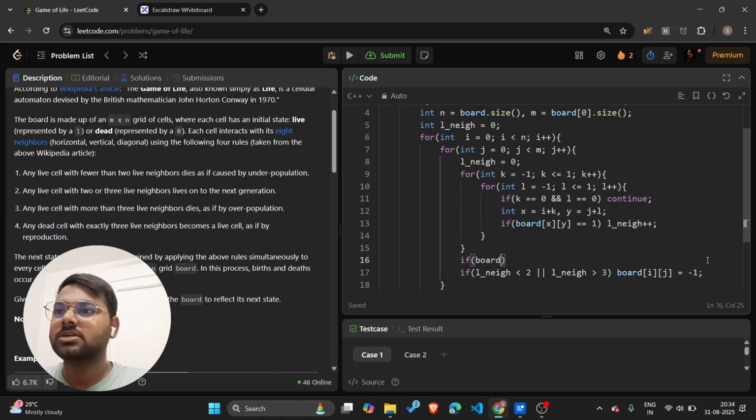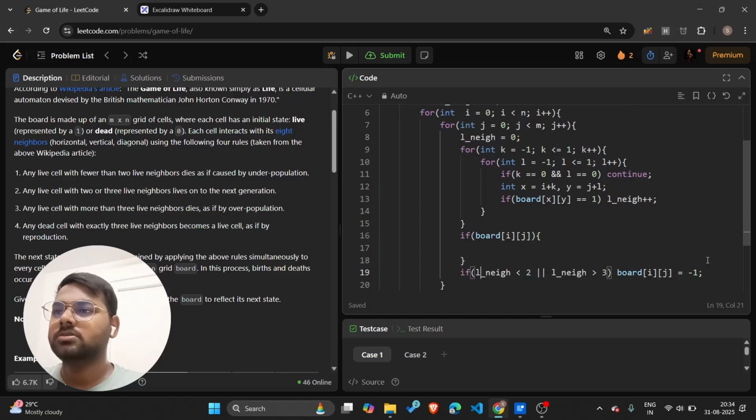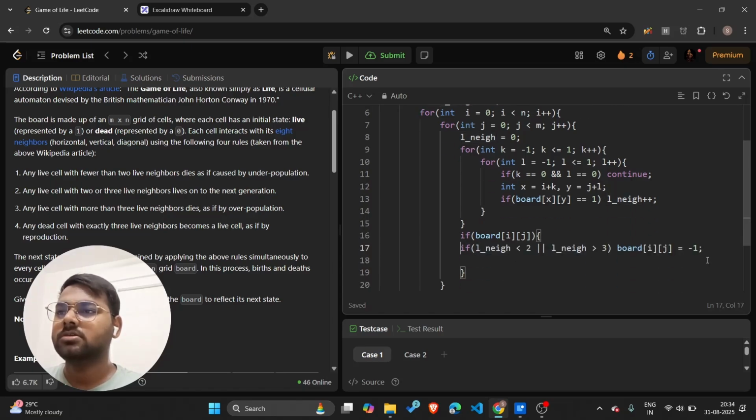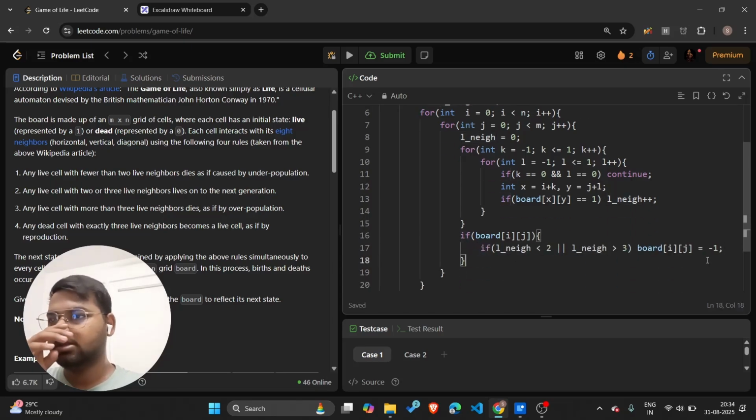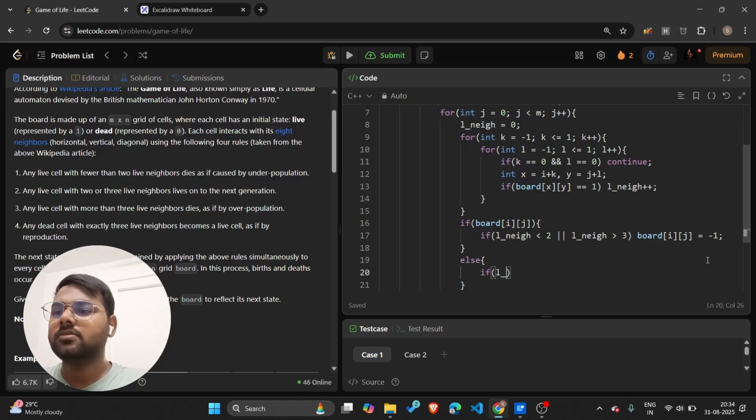If board i j is dead and the living neighbor count is equal to 3, then board i j is going to 2. Why?